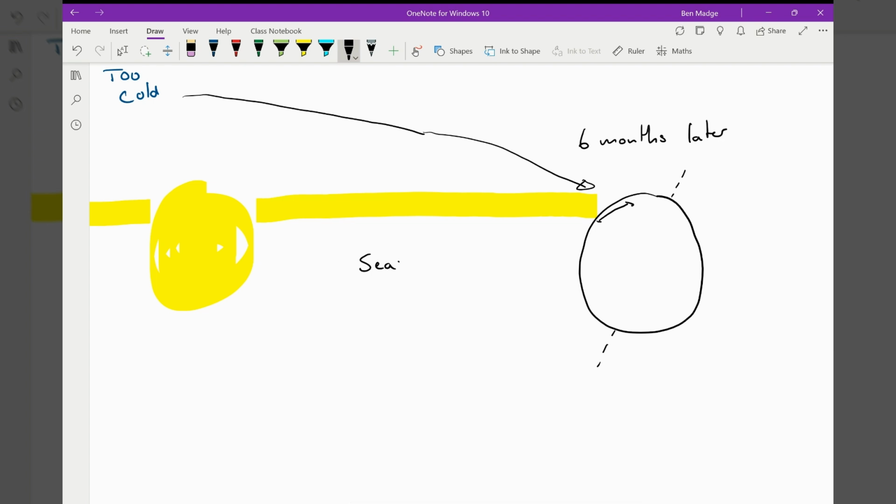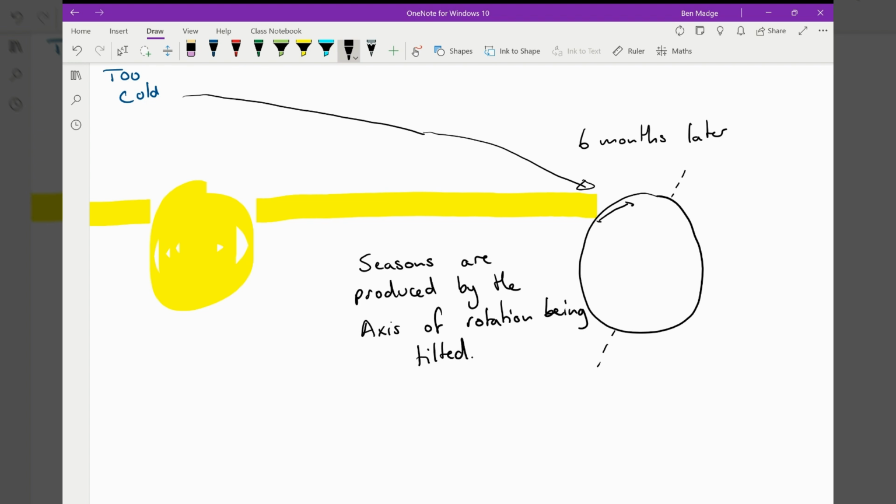So seasons are produced by the axis of rotation being tilted.